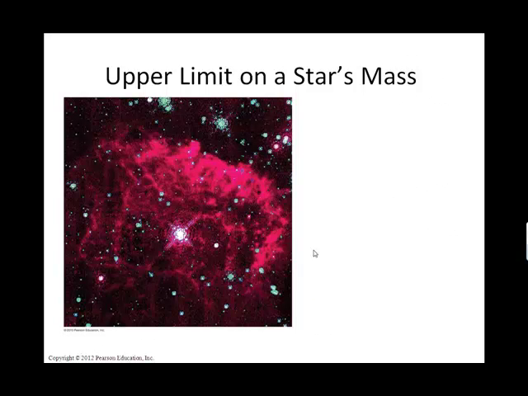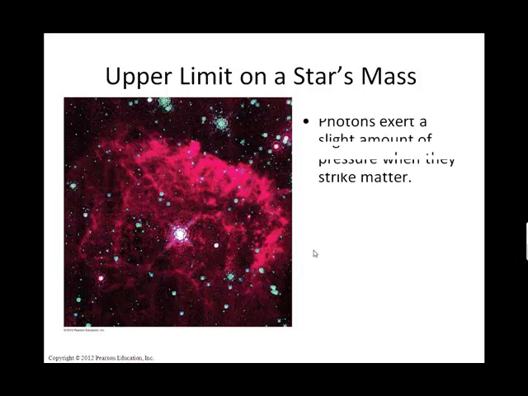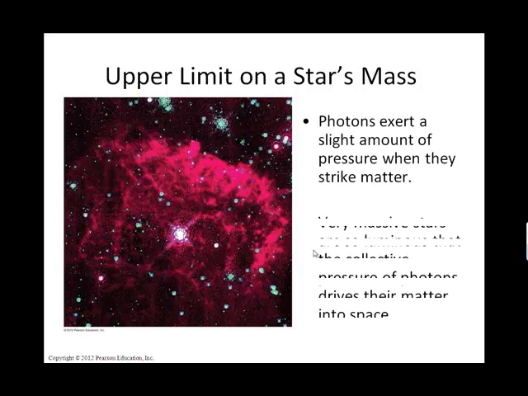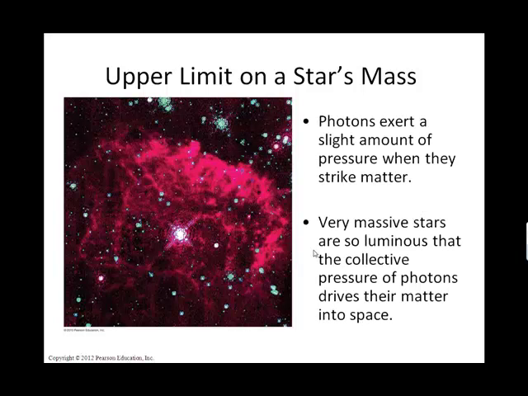So there are some limits on the mass that a star can be, and I mentioned this in the previous chapter. I mentioned an upper limit of about 100 solar masses, and the reason for this is if it's too massive, remember that the fusion rate in the core of the star is directly related to its mass, and the more mass a star has, the higher that fusion rate.